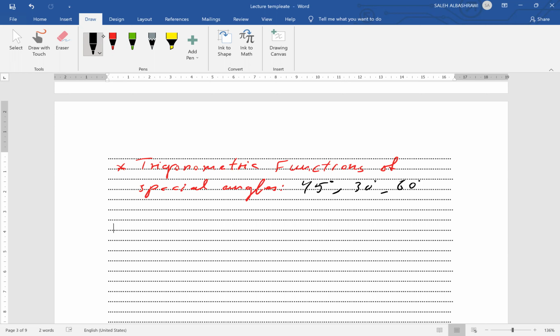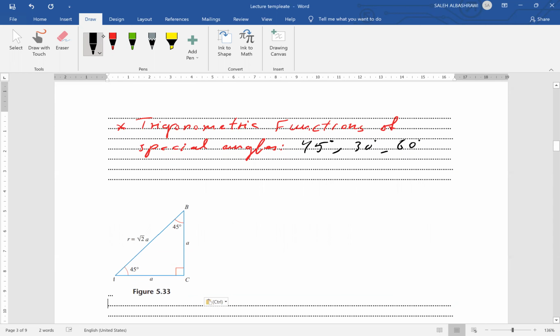For the first one, suppose that we have this triangle with sides A, A, and square root of 2 A. So we have 45, 90, and 45. This is a triangle which has two equal sides, and we call them A and A. They are equal.